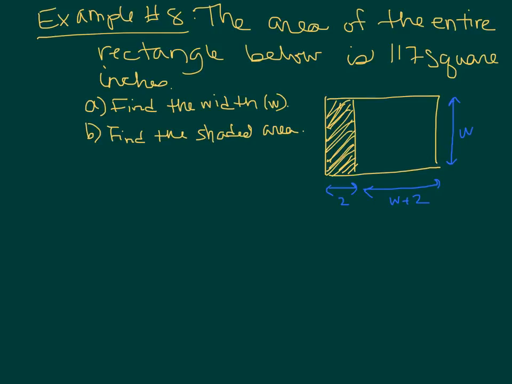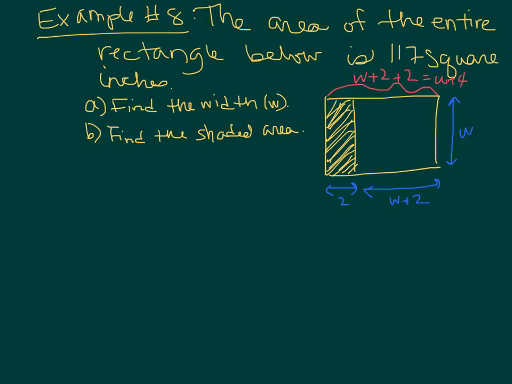What I'm going to do is start by figuring out what we can write the area as. So I know that the side is W, and this whole entire length, I showed it in pink, is going to be the sum of the 2 and the W plus 2. So it's W plus 2, and then also plus another 2, which gives me W plus 4.